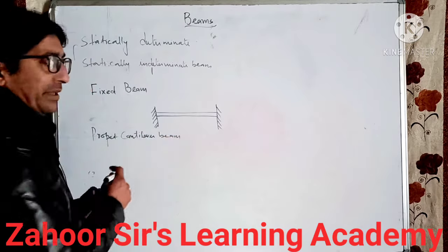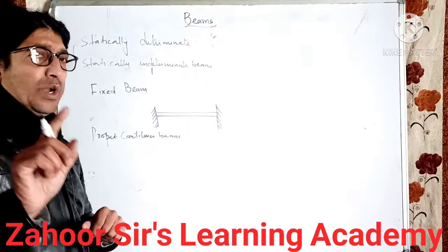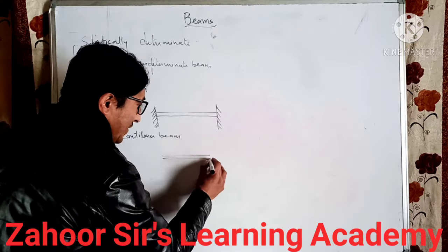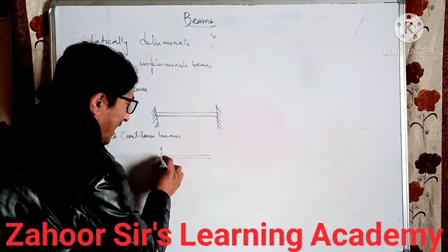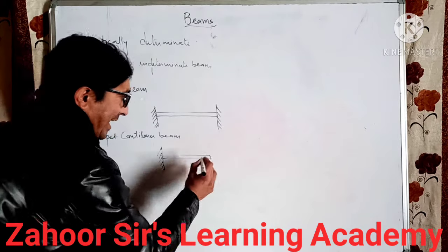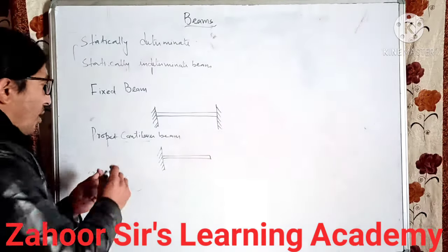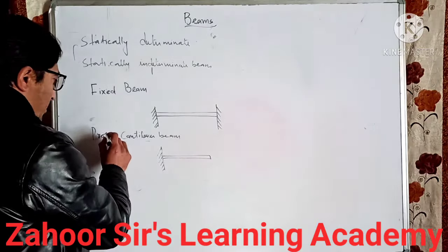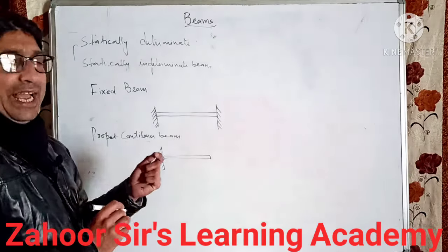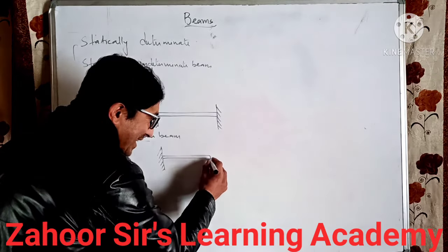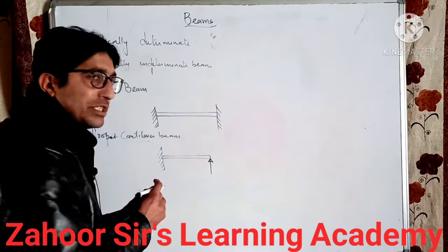Propped cantilever beam. You know what a cantilever beam is? A cantilever beam is one whose one end is fixed and the other end is free. This is the cantilever beam. But a propped cantilever beam is one whose other end is on a support.